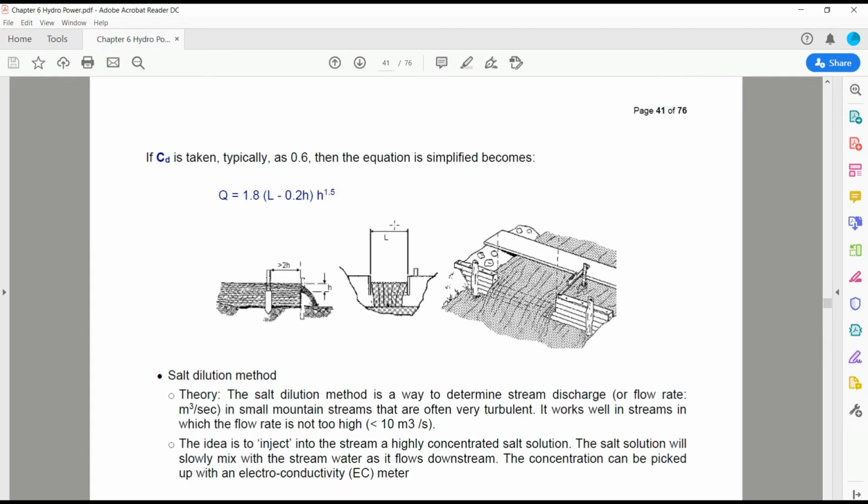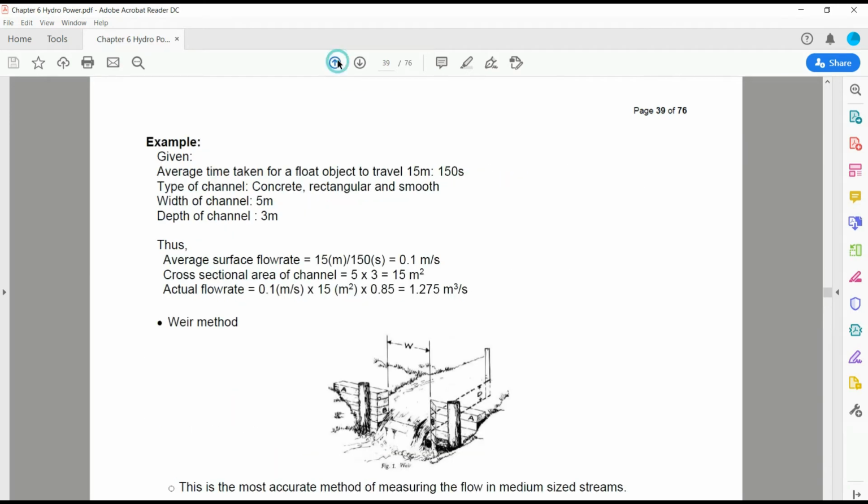So this is the length and this is the H, from the upstream level to the crest of the notch. In this figure, H is actually D.